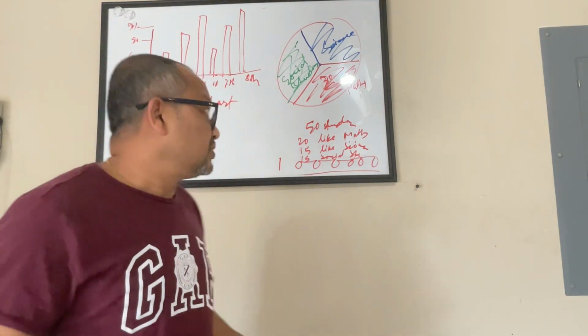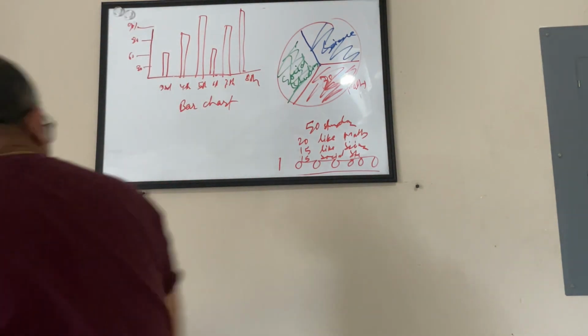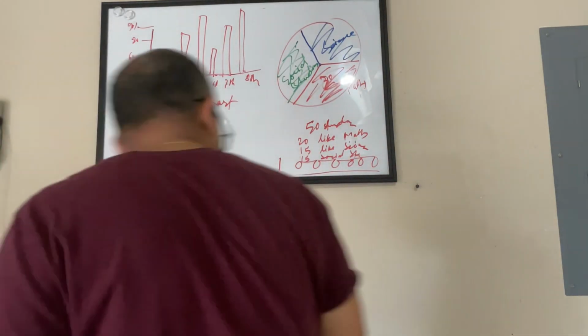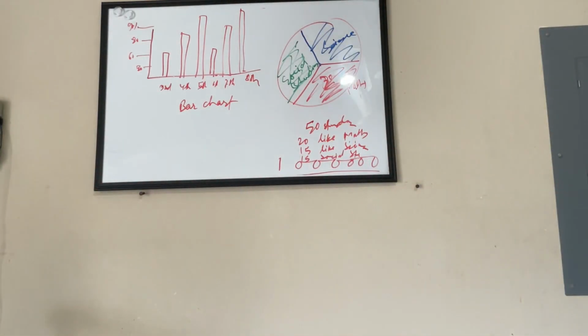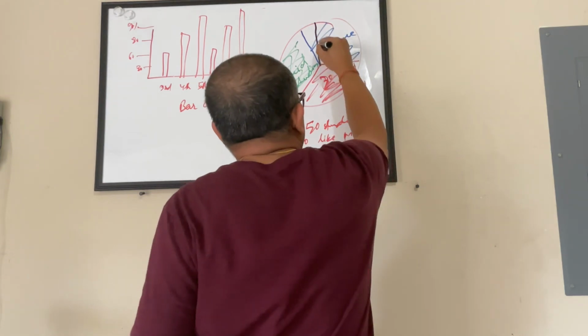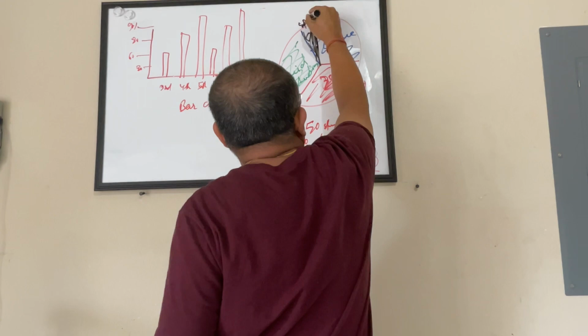Okay, so let's say here you had one more flavor where you had some kids who don't like any of the studies. They like sports, and that's a very small percentage. Sports.